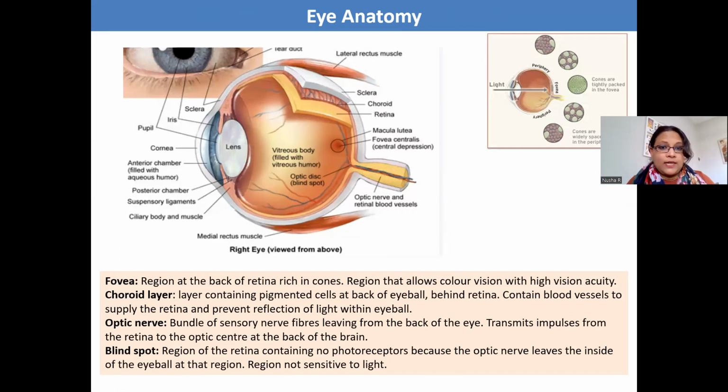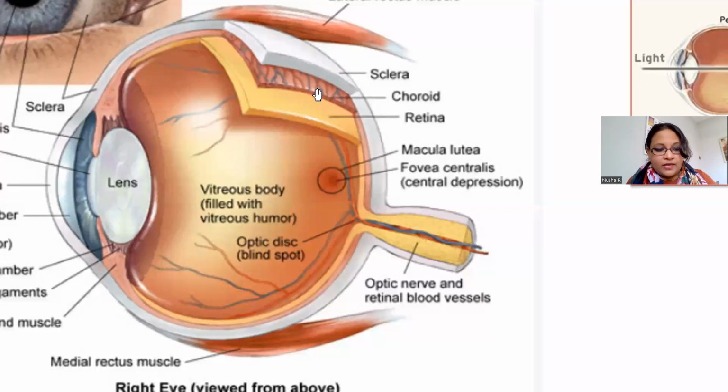It's a layer of pigmented cells at the back of the eyeball, just behind the retina. And as you can see here, it contains lots of blood vessels. And what these blood vessels do is, as you know already, they supply the retina, the photoreceptor cells, with oxygen and nutrients. That's what blood vessels do, don't they?